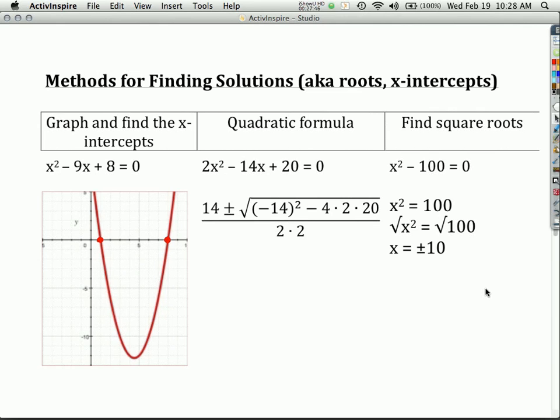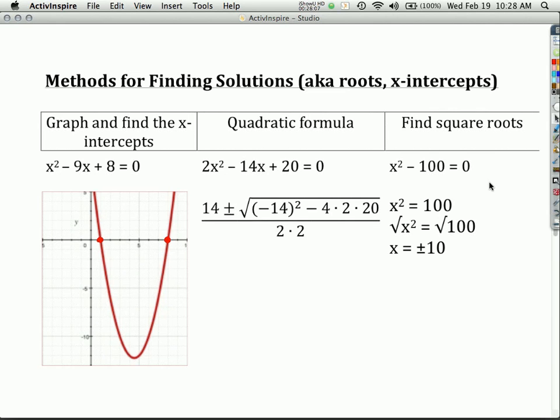In Chapter 10, you're going to learn how to draw the graph and find the solutions. You are also going to learn how to use the quadratic formula, which you already have memorized, but now you're going to learn how to use it in the next month or so. This is another way of finding solutions.